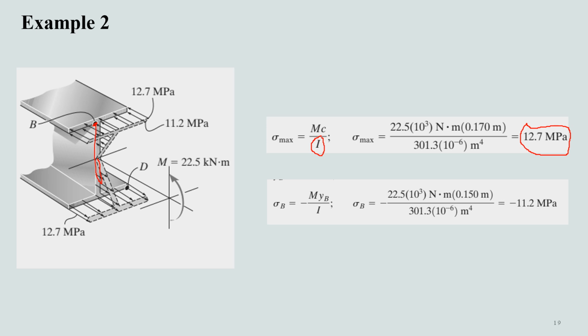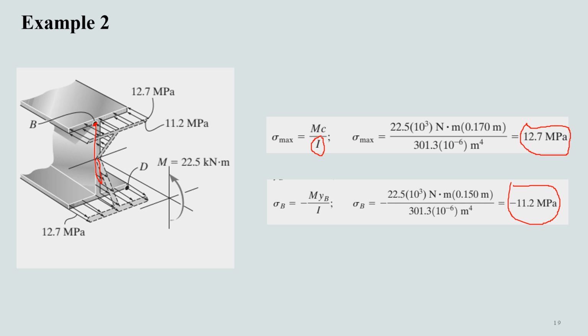So we can plug this value into the basic flexural formula, and the rest of the things will remain the same, the moment and the moment of inertia, and thus we have this value, minus 11.2 megapascal.